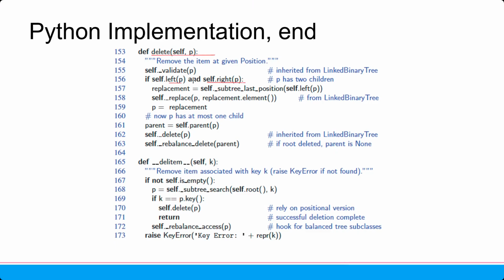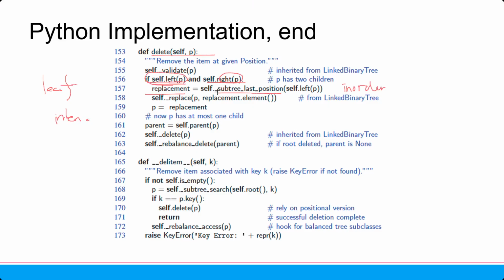If there is no child, if it is a leaf, then you can easily remove. But if it is an internal node, if we have left p and if we have right p, the replacement will be using the in-order traversal. This is the in-order traversal.